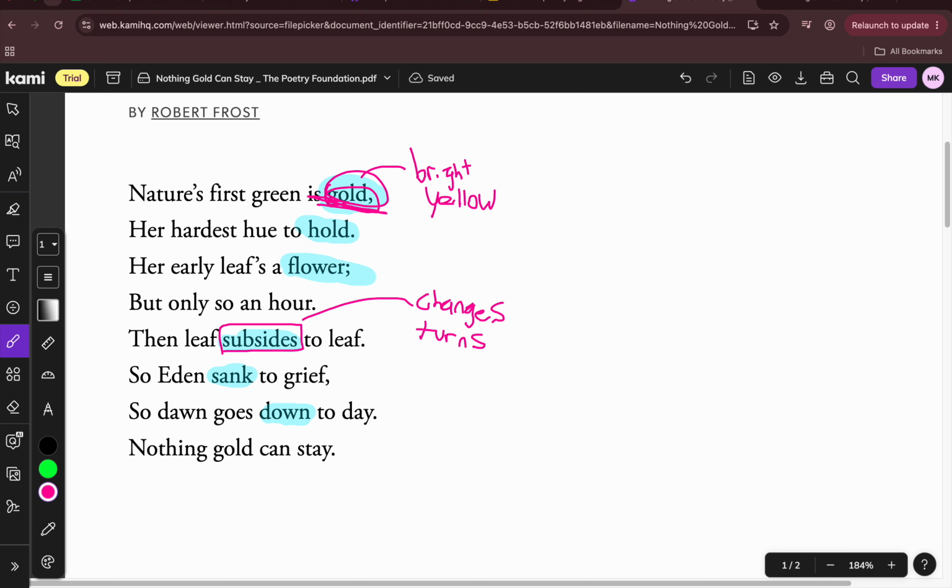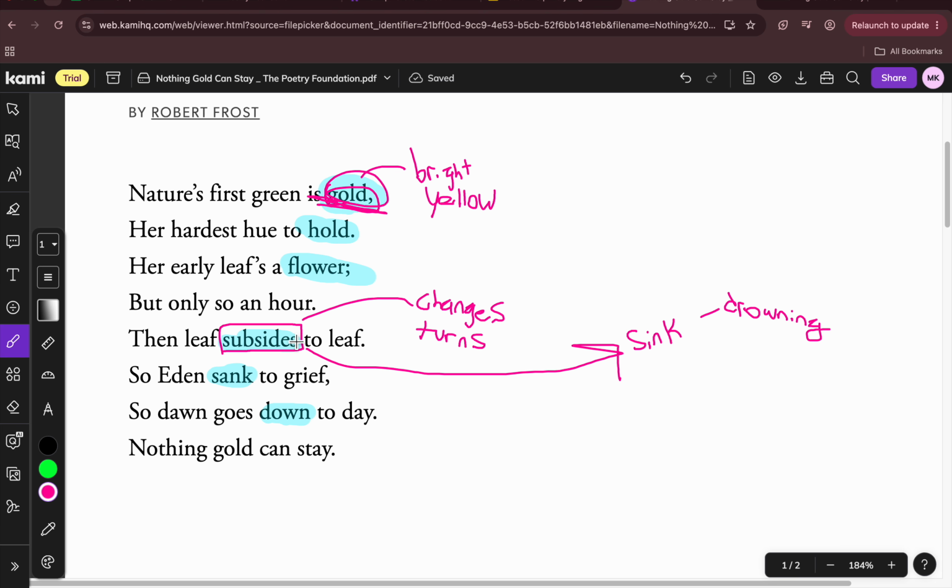Well, the word subside literally means to sink, to fall down into. So you have connotations of being diminished, of drowning almost, of something just getting smaller and smaller and smaller, and you cannot help it.